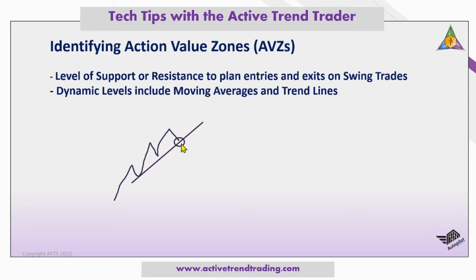Because if it fails and breaks back down below the trend line, or let's say this last swing low here, I've identified my objectives, and I've identified my risk on the trade. The expectation, of course, is we want to see it bounce and continue on its way. Then we can set up the rest of the trade from there.